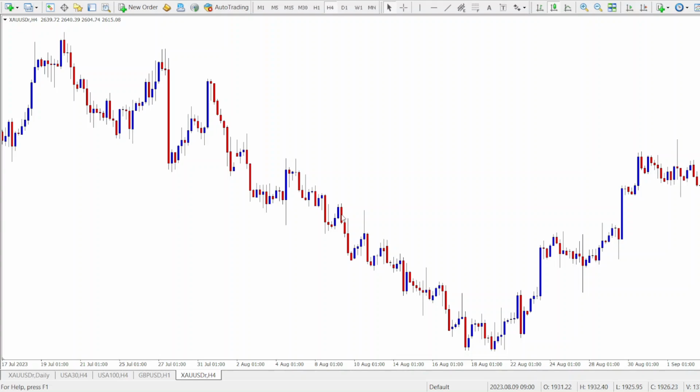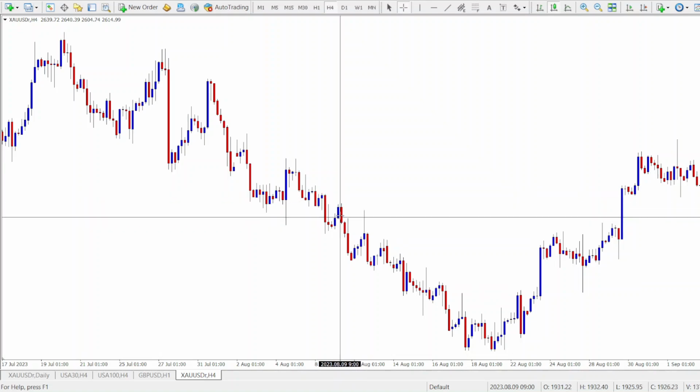The bearish engulfing occurs when a larger red candlestick, like we can see here, fully engulfs the previous blue or green candlestick, depending on your color. Basically, a large sell candle fully engulfs the previous buy candle. It suggests strong selling pressure and a possible reversal.